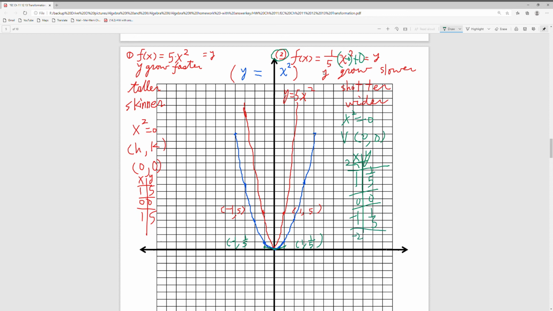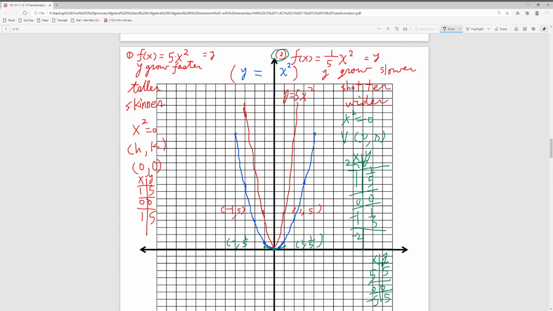So when you plug in 2, let me make a bigger number. So x, y, you have 0, 0. How about we try 5 and negative 5? So let me erase the mark here so we can see the equation better, right? So 5 squared divided by 5 is 5. So 5, 5. And negative 5 squared is still positive 25 divided by 5.